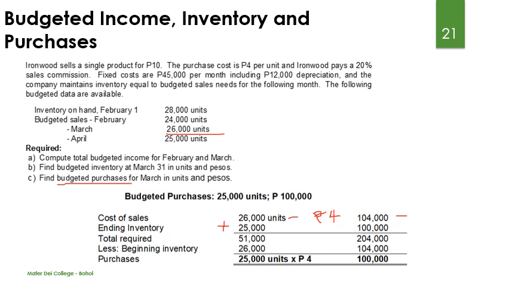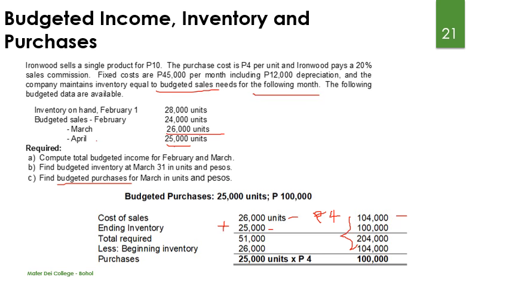So 26 plus 25. Why is it 25,000 again? Because the ending inventory for this month is the budgeted sales for the following month, and the following month is April, which has 25,000 units. So 26 plus 25, it's 51,000. Again, all of these are being multiplied by 4.